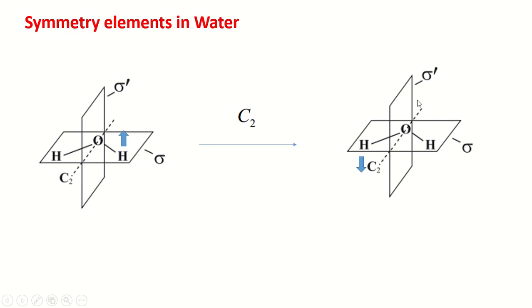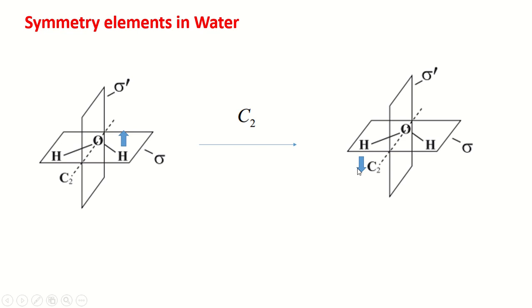It is quite obvious in this diagram that this is the sigma dash plane of symmetry, and the result would be like this one, because in the sigma dash plane of symmetry, the mirror image of this molecule will appear on the opposite side, but the position of the arrow would not be changed.